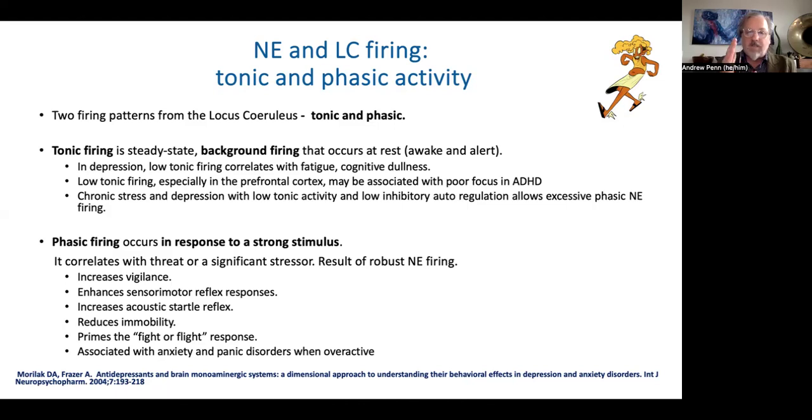You can just think of this as like boop, boop, boop, boop. Now we think that one of the things that might be going on in depression is that tonic rate, that background rate, may be slower. This may be associated with diminished cognitive sharpness, and maybe symptoms that we see with ADHD.